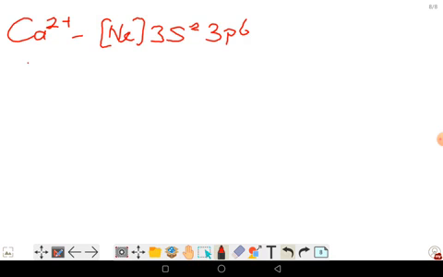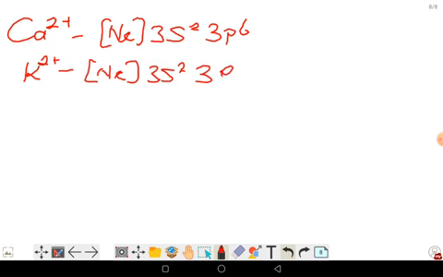Then potassium is going to be neon core, that's potassium 2 plus in this case, neon core 3s2 and 3p5.